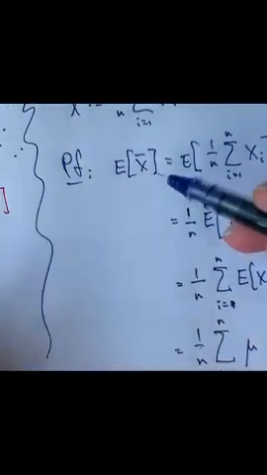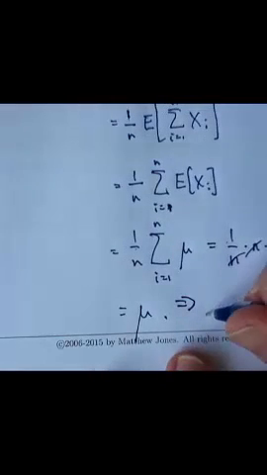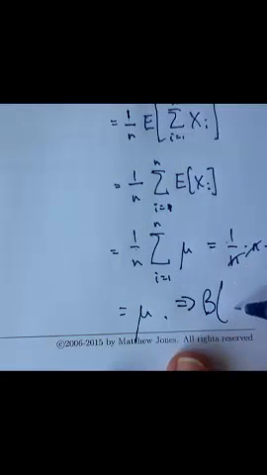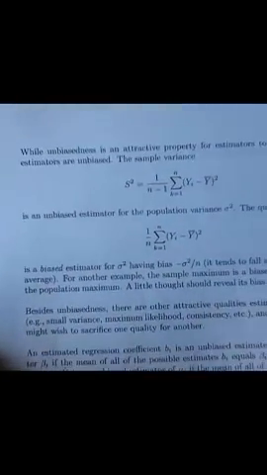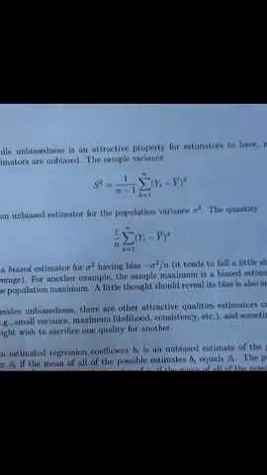So yes, the expected value of the sample mean is the population mean. That means the bias of the sample mean is 0. That's nice, so it's an unbiased estimator for the population mean. Now, while unbiasedness is an attractive property for estimators to have, not all estimators are unbiased.